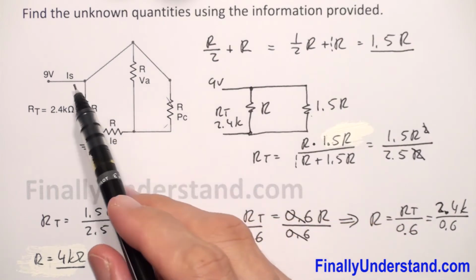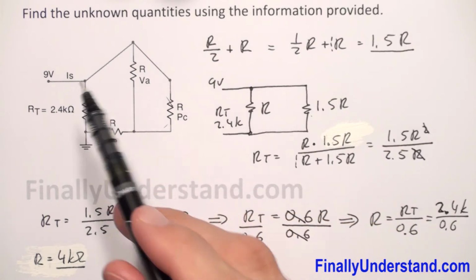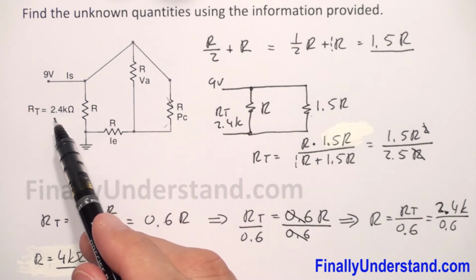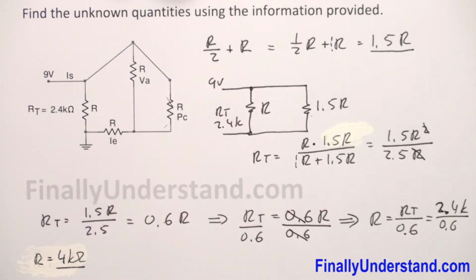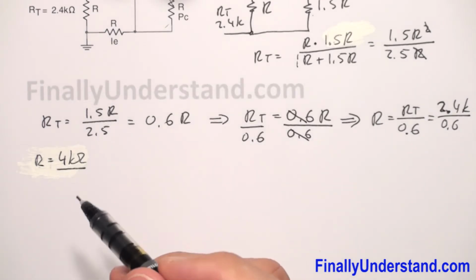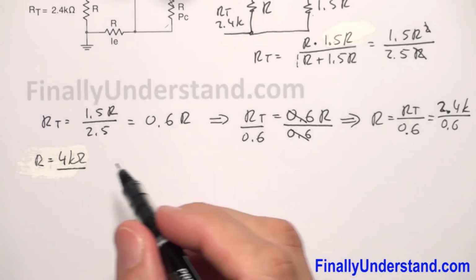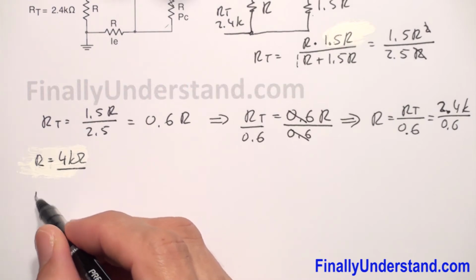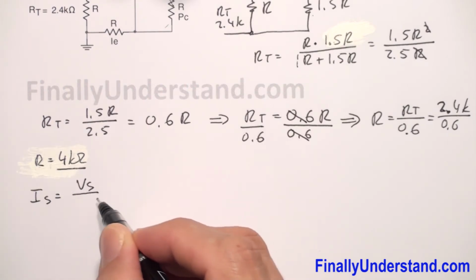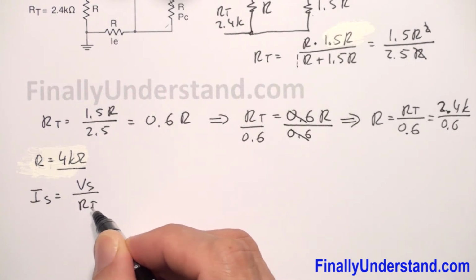Next, we're supposed to find I source. Okay, we have the given voltage source and we have R total, so we can find the current source. So I source is equal to voltage source over R total.